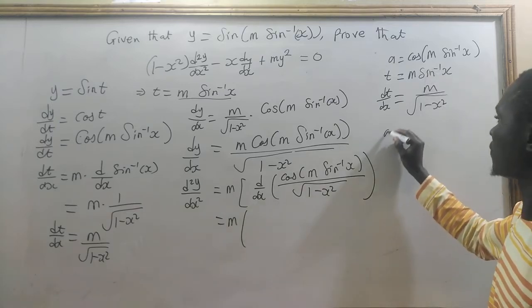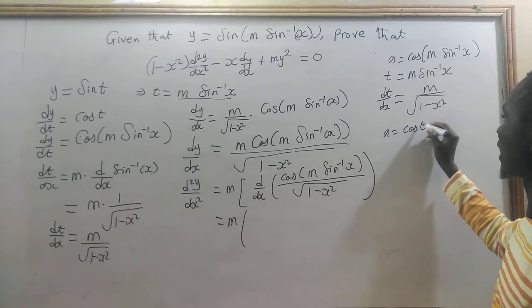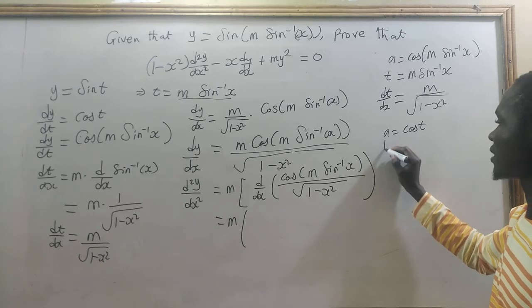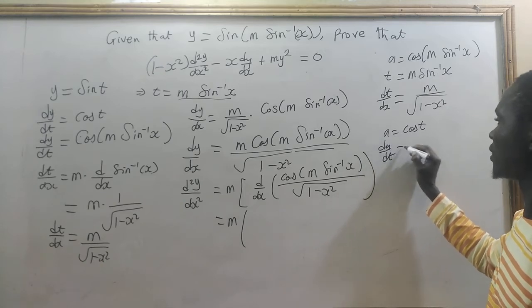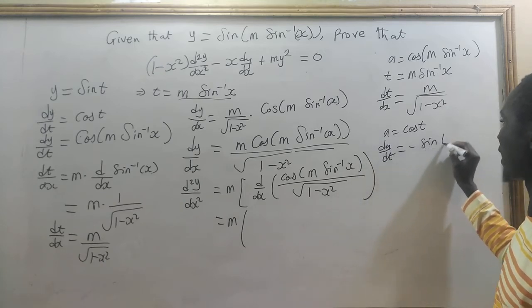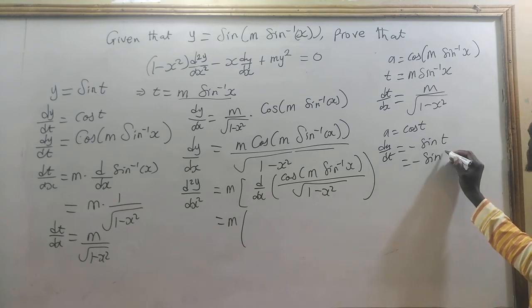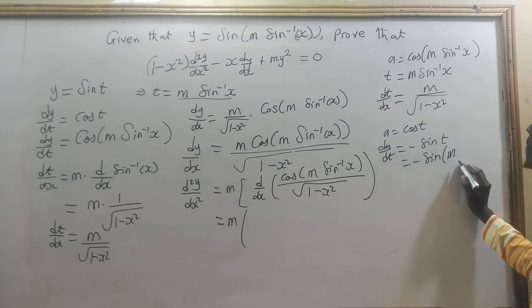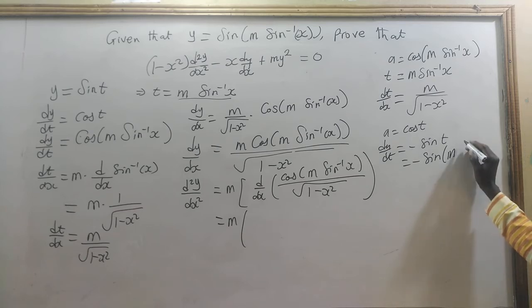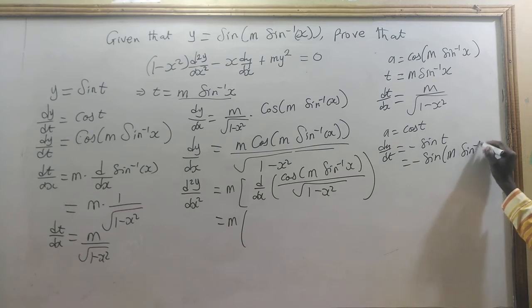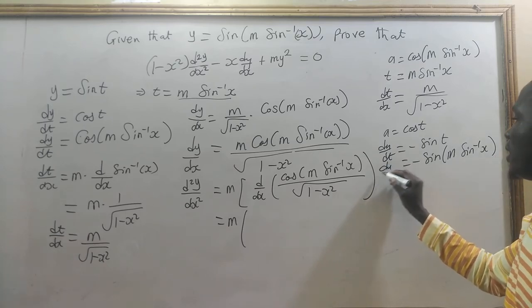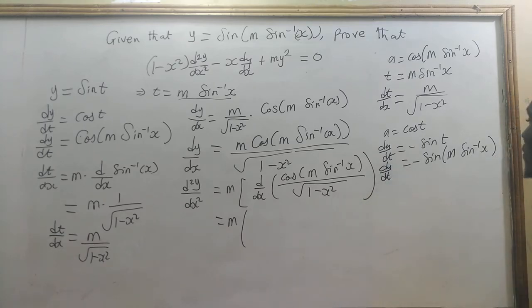Then this implies that we have A equal to cosine of t, and that's dA on dt equal to negative sine of t, and that will be minus sine of m times the inverse sine of x as our dA on dt.